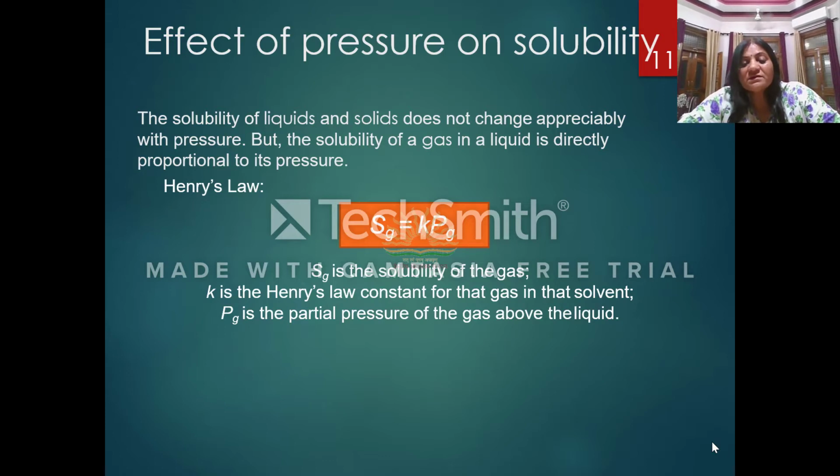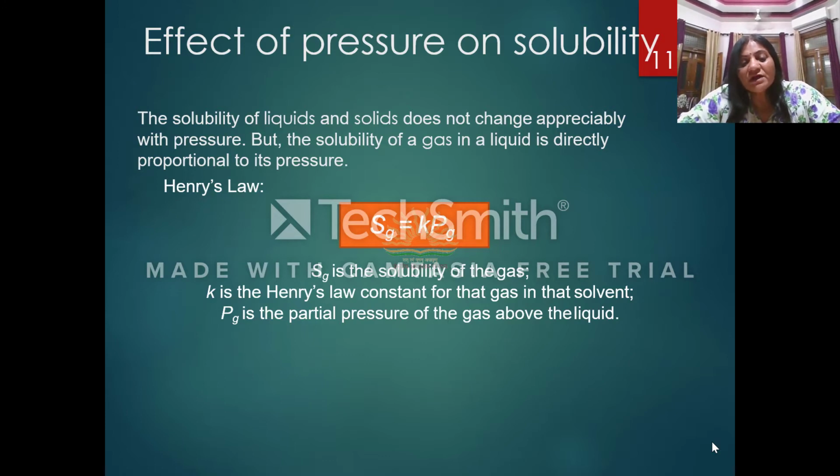Remember this point. The solubility of gas is denoted by capital Sg and the pressure of the gas is denoted by capital Pg. So the solubility of gas is directly proportional to the pressure. More pressure, more solubility in the given liquid.